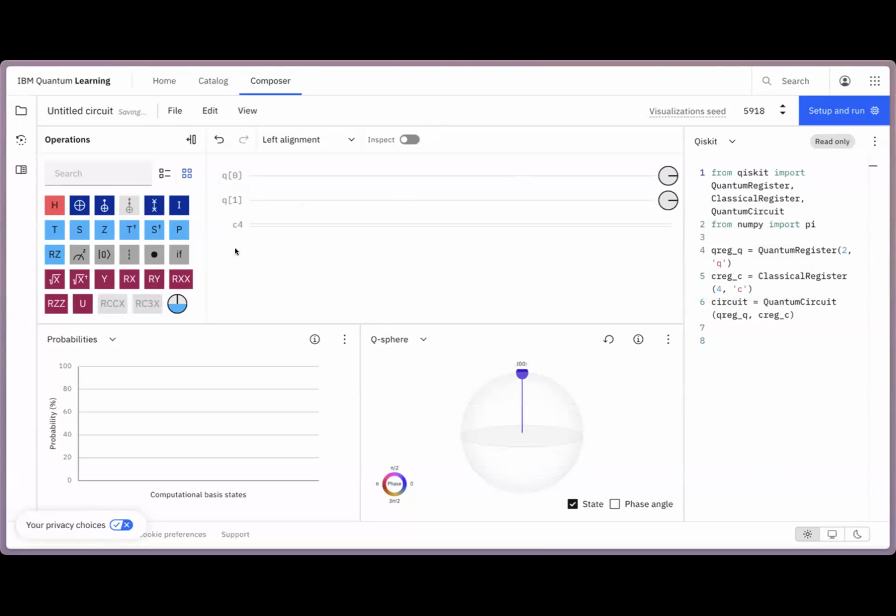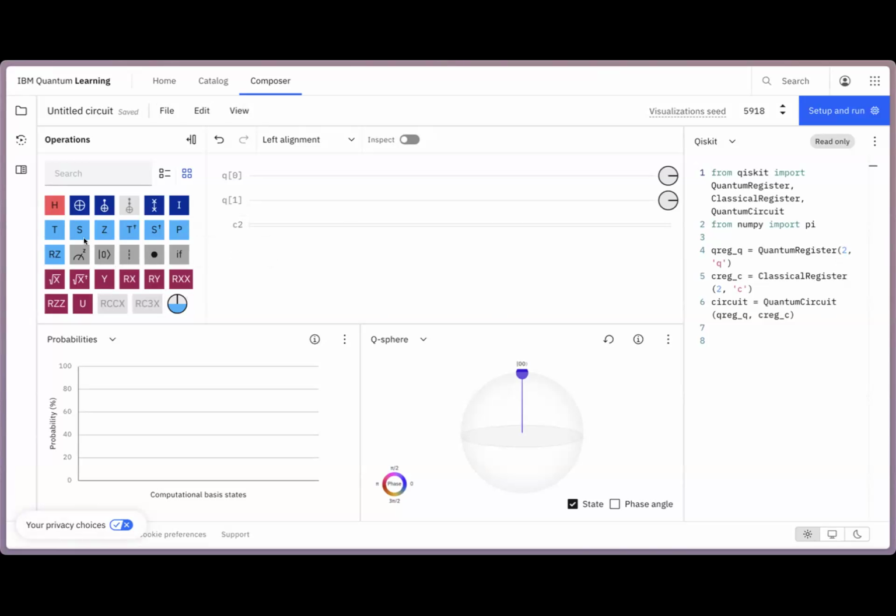You can click on minus to reduce the number of classical bits in the gate. You first click on C6, then click minus. Yeah, I need two. So we have 2 qubits and 2 classical bits.